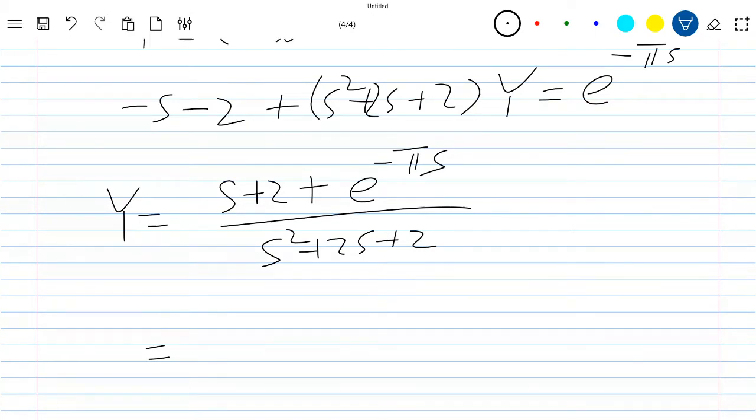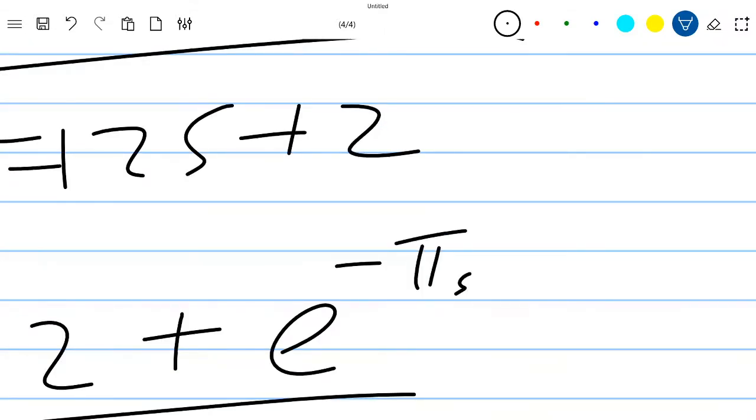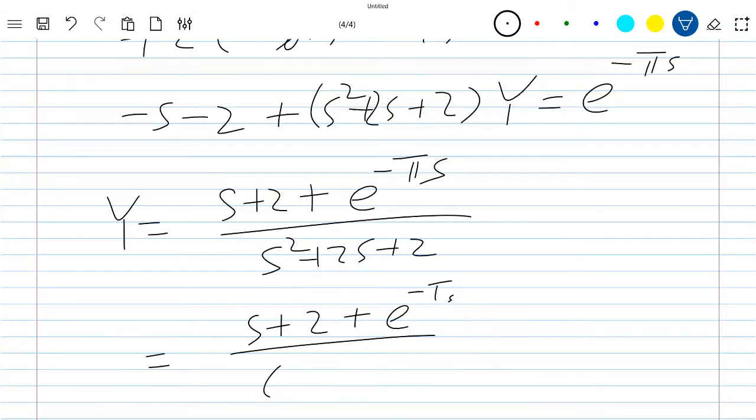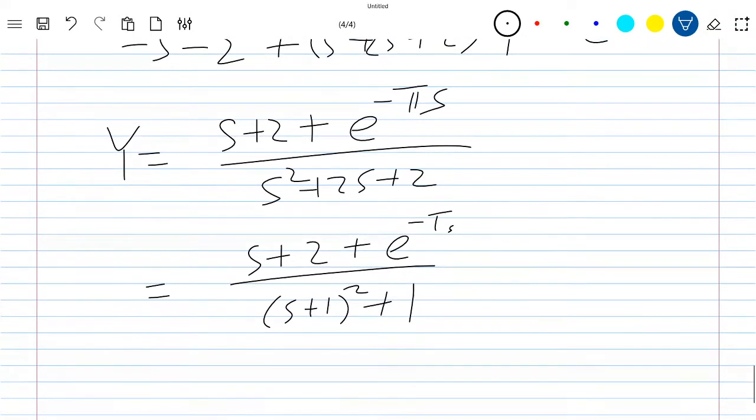The denominator, if you write it in a better way, it's s plus 1 squared plus 1. You notice if you expand the square, you will have s squared plus 2s plus 1. So it's a sum of squares instead of a factorization. Alright, so let's see.